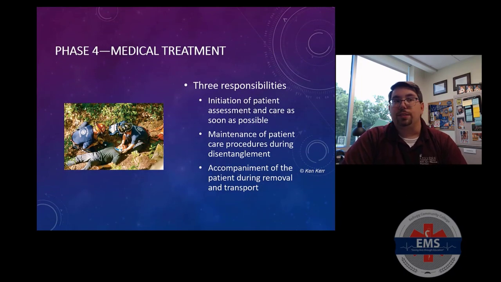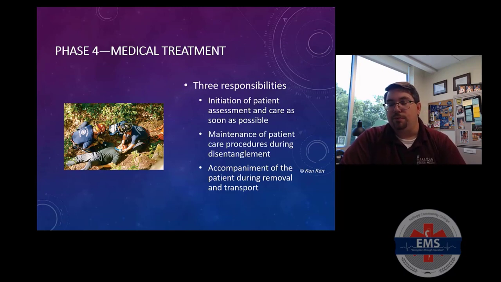Phase 4 is the medical treatment. There are 3 primary responsibilities that you as a paramedic will take on during the rescue. The first is the initiation of patient assessment and care as soon as you possibly can. Oftentimes that may be delayed based on issues gaining access or issues of even being able to properly assess all parts of your patient.